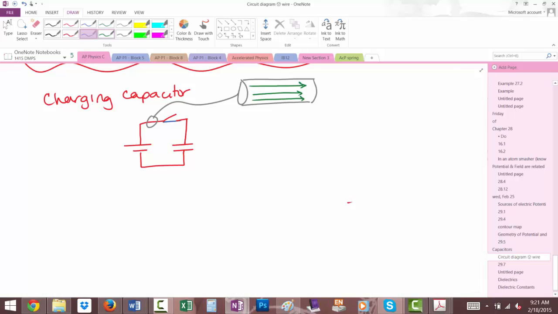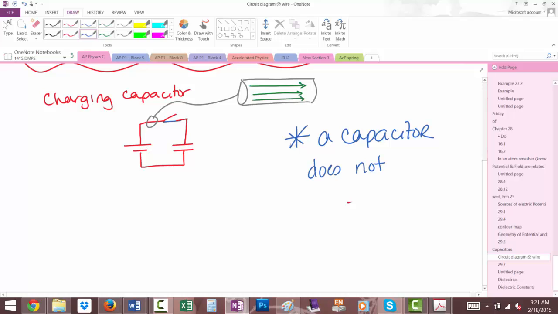Big deal. A capacitor that is working as a capacitor does not allow charges to cross between plates, we'll say.